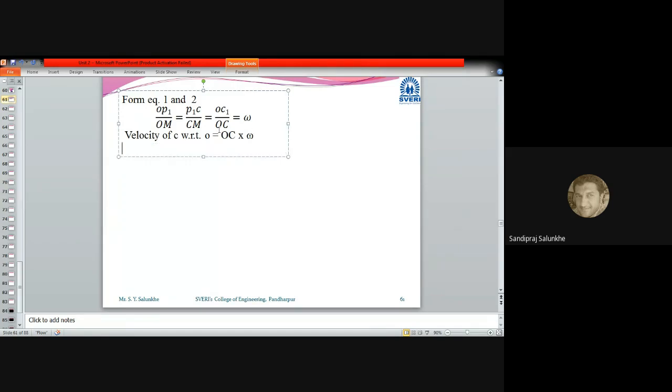तसंच if I want to calculate the velocity of P with respect to C, what I should write? Cleans construction मधलं CM हे distance multiplied by omega. बरोबर आहे का?